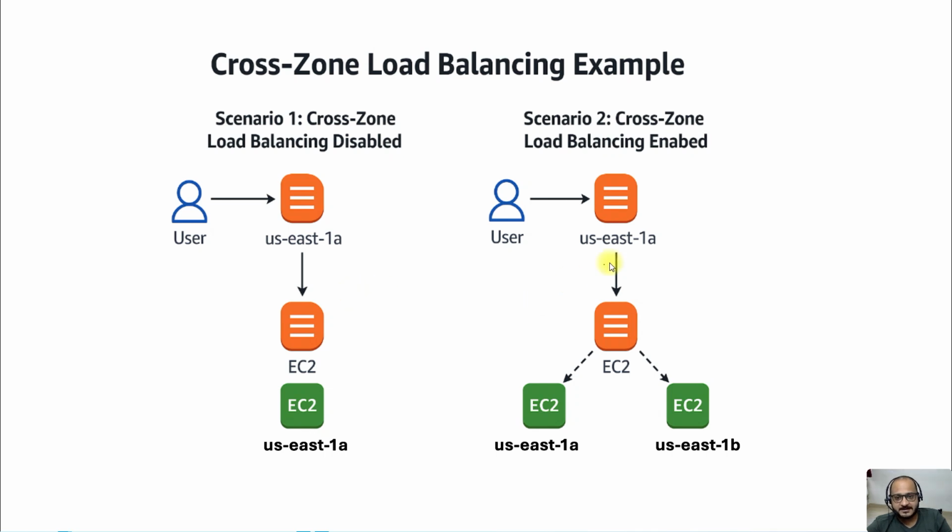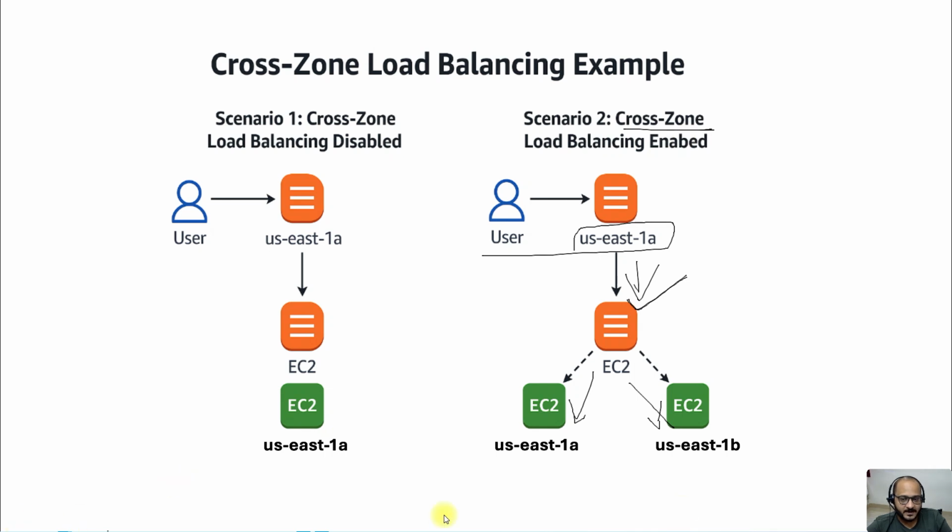For example, here the request is coming from this availability zone, but the load balancer node distributes this traffic to any of the EC2 instances, even if it isn't part of the availability zone.